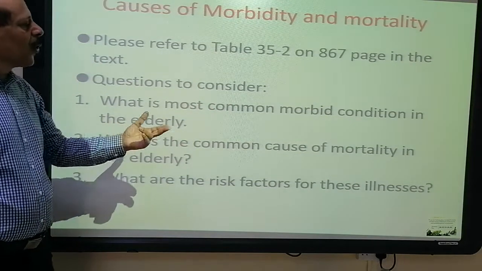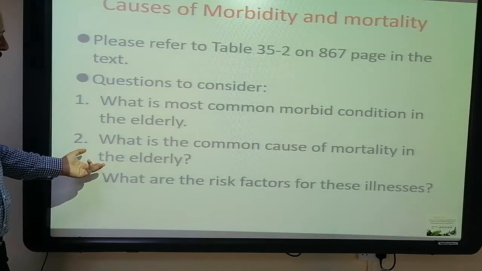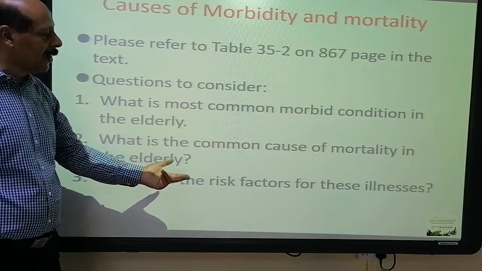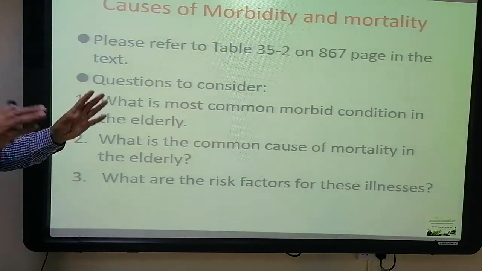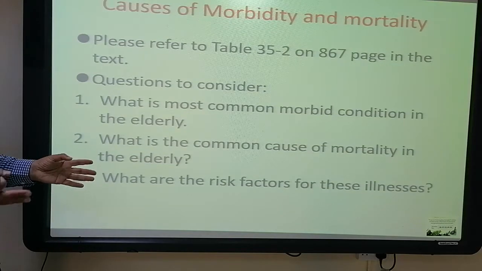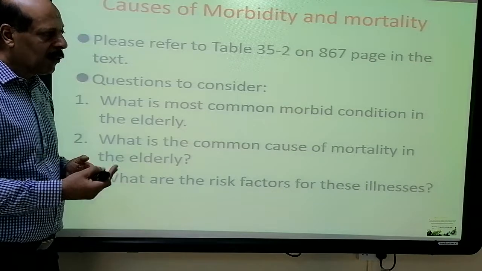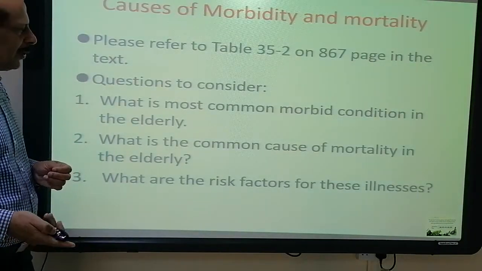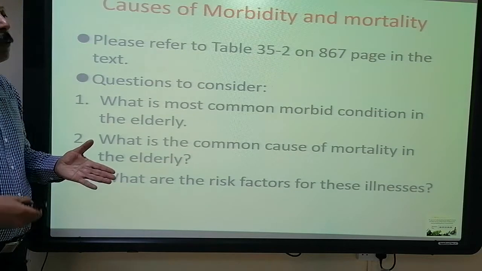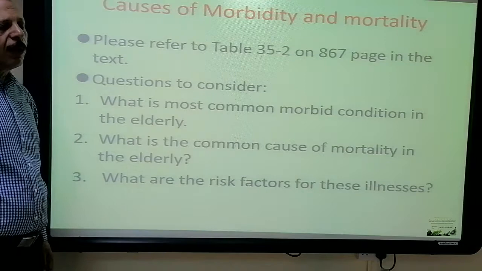And what is the common cause of morbidity in the elderly? What are the risk factors for those illnesses? In order to find out how we can prevent or minimize the effect of those conditions, and what kind of care can be provided for those people.